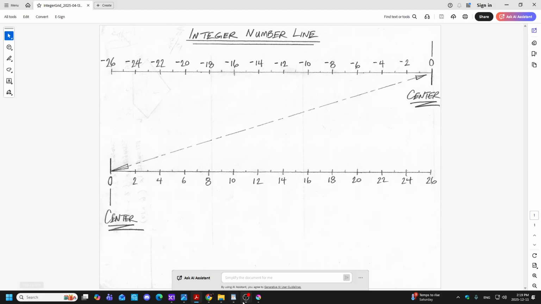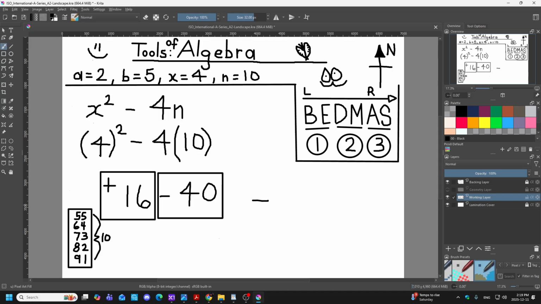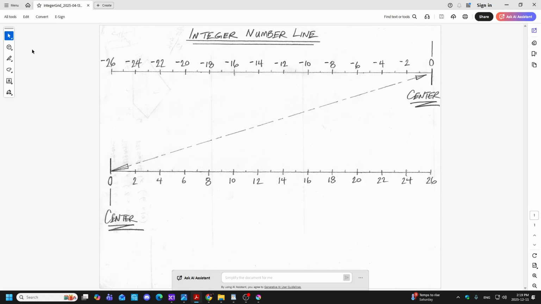Now, if I started solving this at -40, -40 is going to be way down here. Of course, I've run out of room. If I printed it off, I could have something that's the size of a school desk, or the teacher's desk, or maybe the floor of the schoolroom.